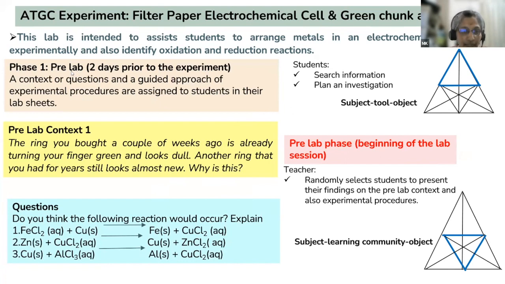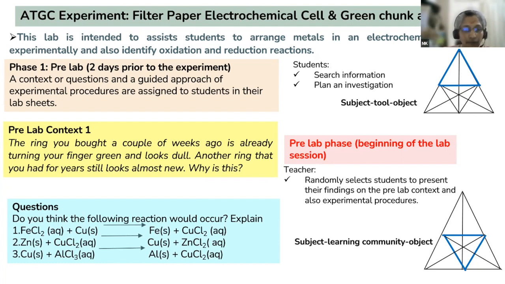So in the phase 1 pre-lab, 2 days prior to the treatment, students were provided with a context or questions and a guide about the experimental procedures. We have 2 different sheets. One is a lesson plan for the teacher, another one is a student's guide. In the lesson plan for the teachers, we list out all the actions that teachers should perform, and in the guide for the students, we list out the actions that the students need to perform.